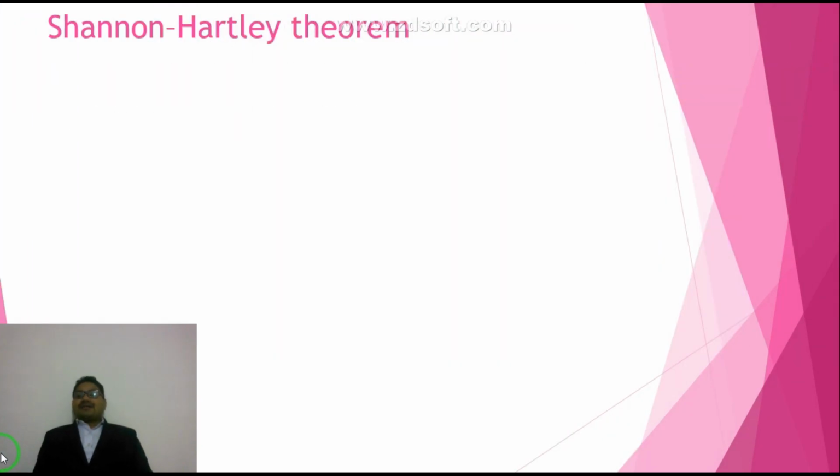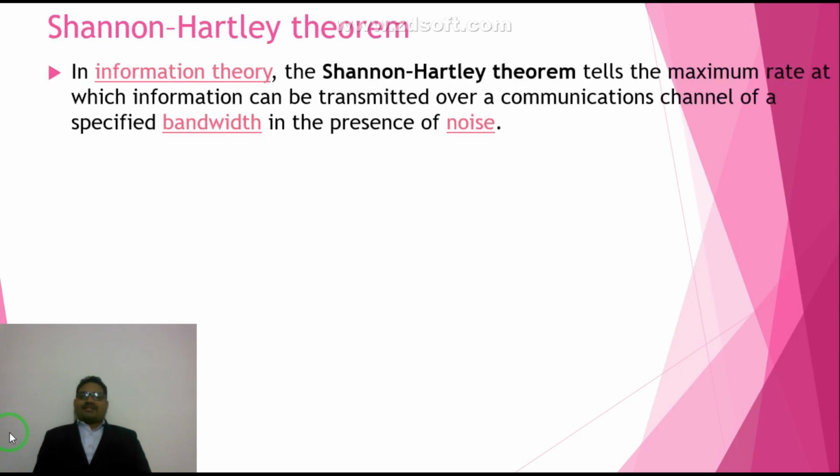Now, next part, that is the Shannon-Hartley theorem. It is one of the most important theorems, guys. So please carefully understand it. Now, guys, in information theory, the Shannon-Hartley theorem tells the maximum rate at which information can be transmitted over a communication channel of specified bandwidth in the presence of noise.